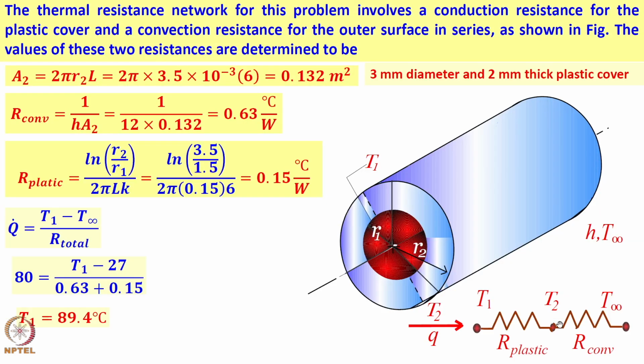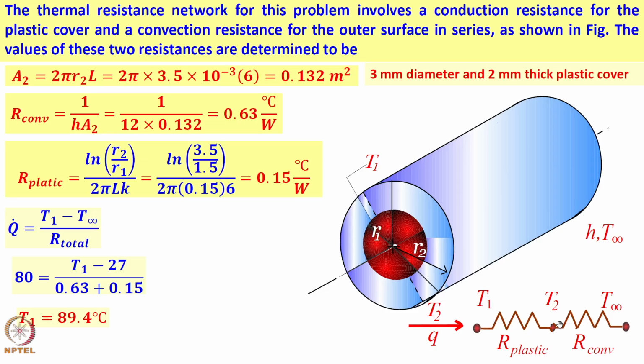to be removed. We have the two resistances, one by hA2, which is the convection, A2 is 2 pi R2 L, and plastic insulation ln(R2/R1) divided by 2 pi L k. If length were not given, you would do it per meter basis, unit length basis, all the areas would be per unit length.